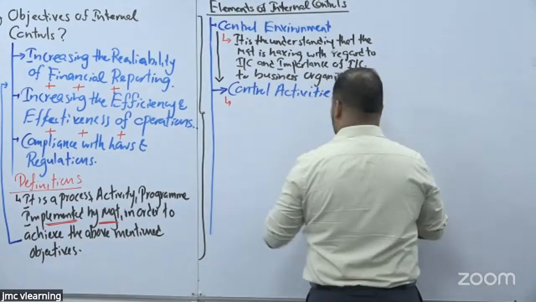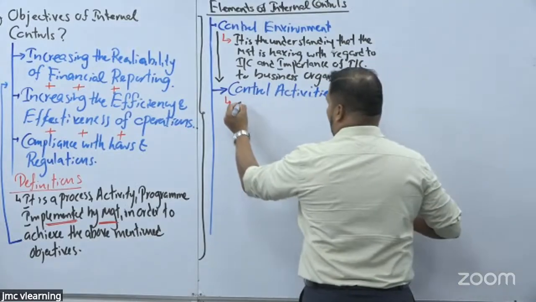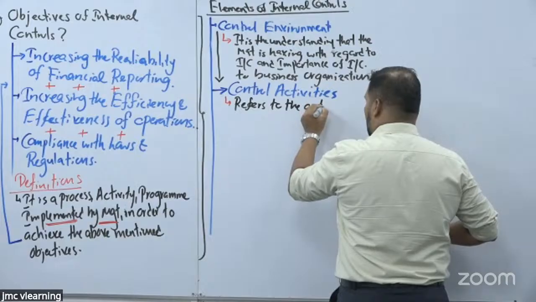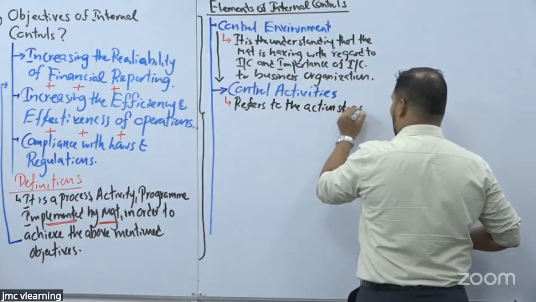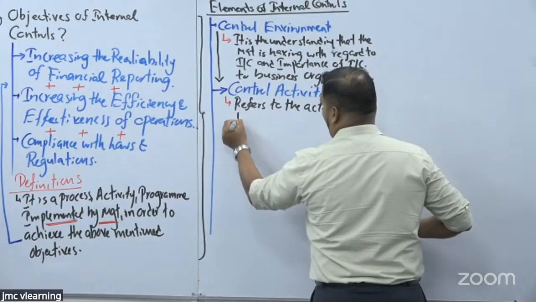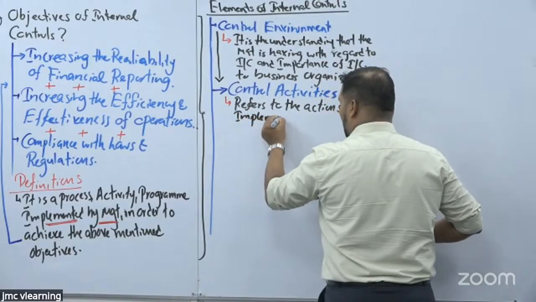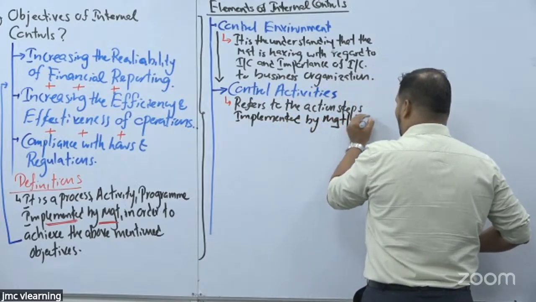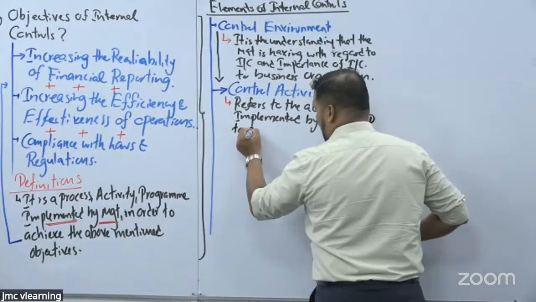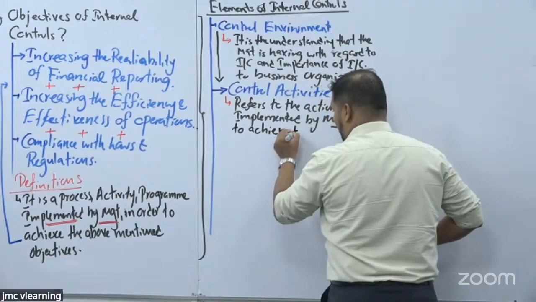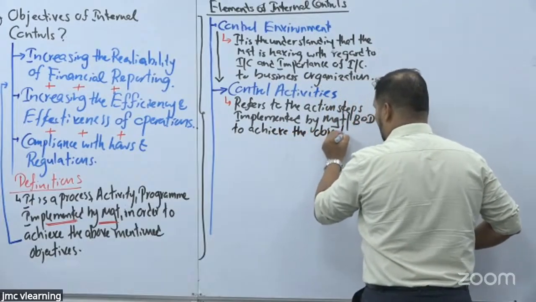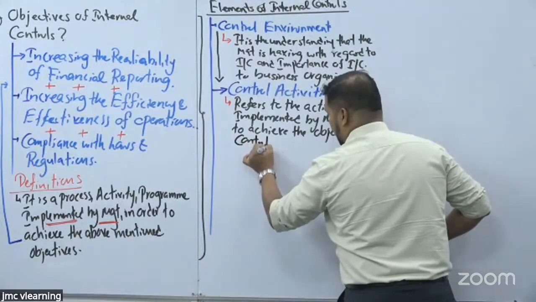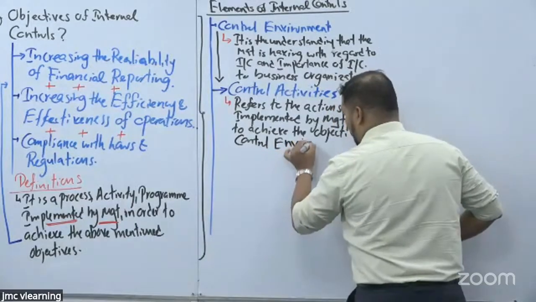So we'll take that short note as well. Okay, control activities refers to the action steps implemented by management or board of directors to achieve the objectives of control environment.